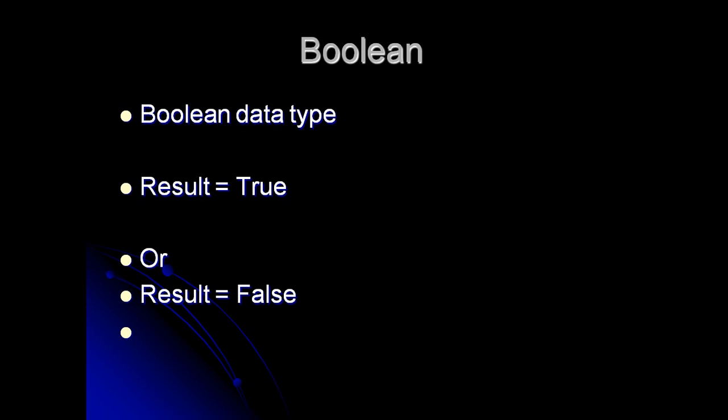You can even work with a boolean. When you want to work with boolean, declare one variable, result is equal to True, then this result will be internally defined as a boolean type. So these are some of the data types. There are other data types as well.